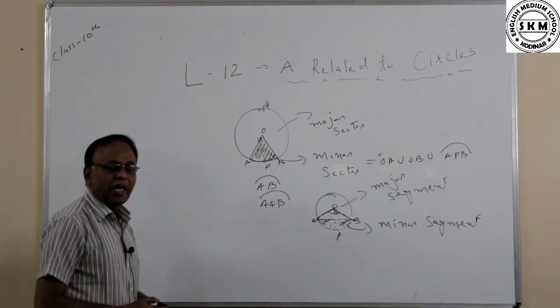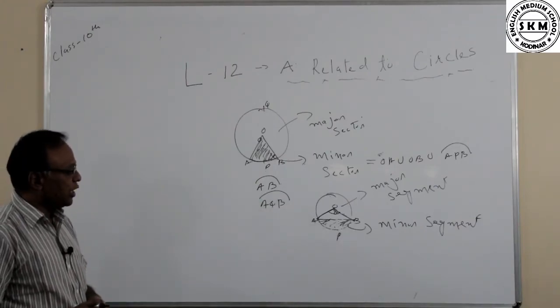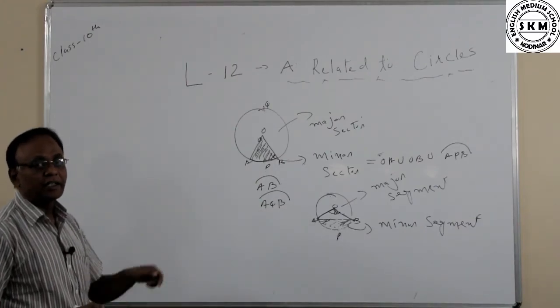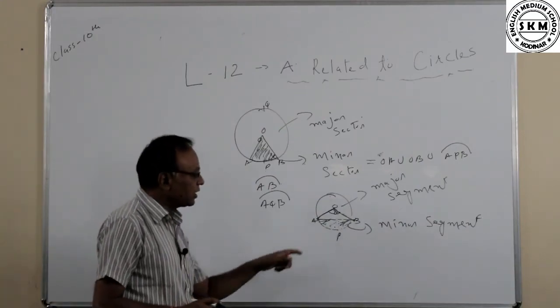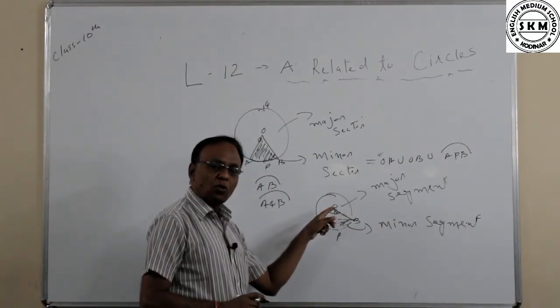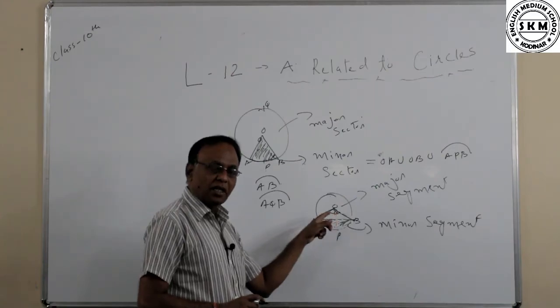Now from the figures, angle subtended by the arc APB at the center, O is the center of the circle.